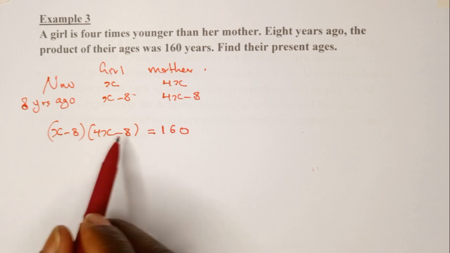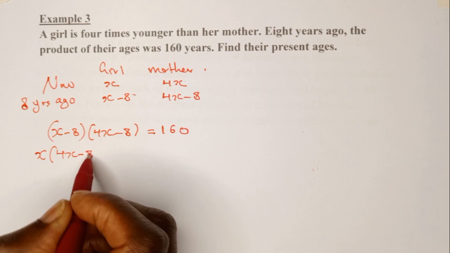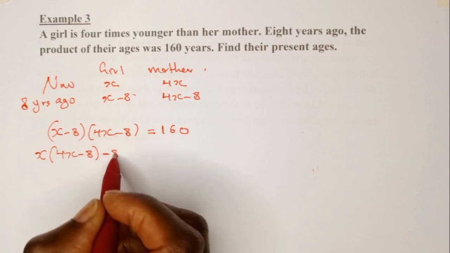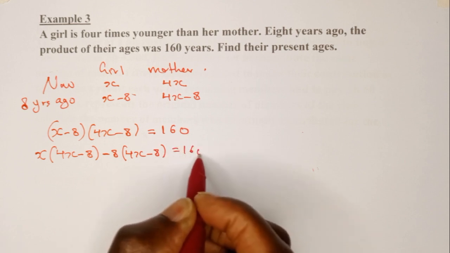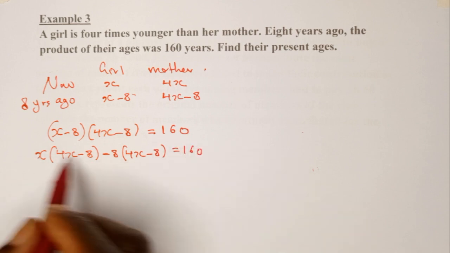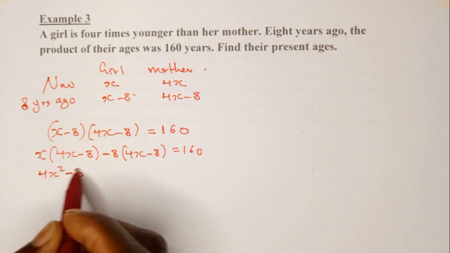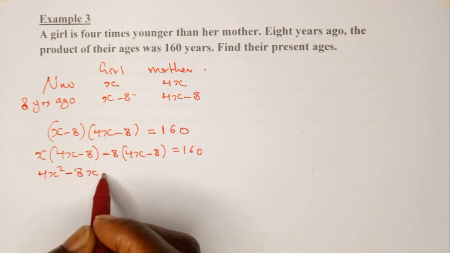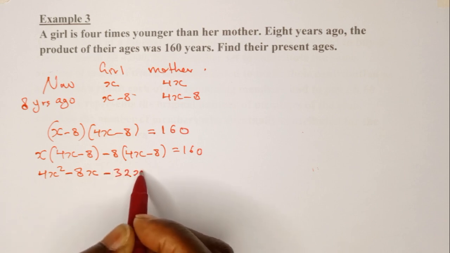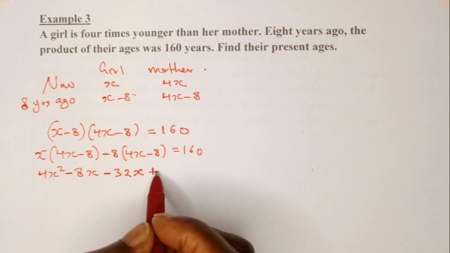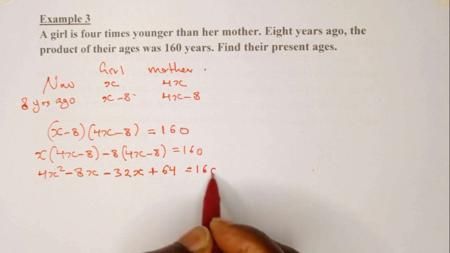So you can expand this one. So this is x into 4x minus 8, then minus 8 into 4x minus 8, which will give me 160. So if you open this bracket, this will be 4x squared minus 8x, then this will give you minus 32x, then this will be plus 64 equals 160.